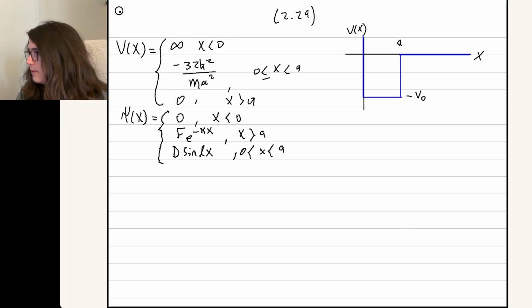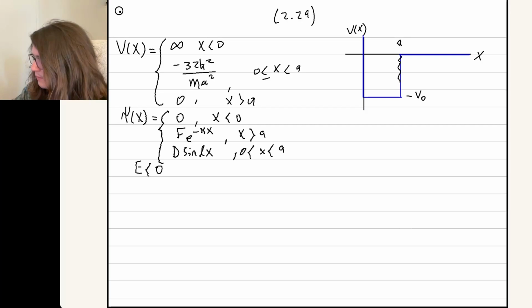To be a solution in this potential, first you have to be the solution of a bound state, so E definitely has to be less than 0. But E also always has to be greater than V, so E has to be somewhere up here, which means E has to be greater than minus V naught.